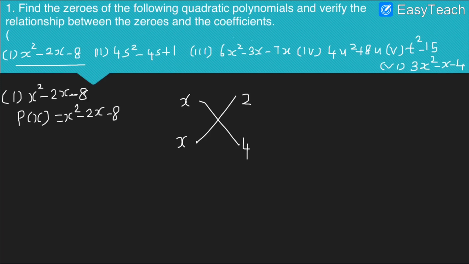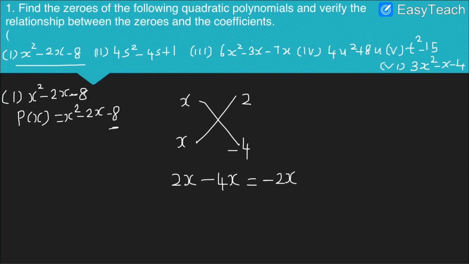This is the only way. 2 4s are 8. I get this product of 8, and if I take 2x minus 4x, I get minus 2x, so I have to put the negative sign before 4.